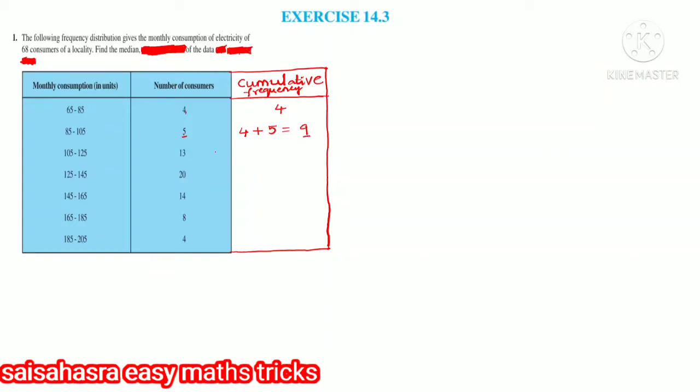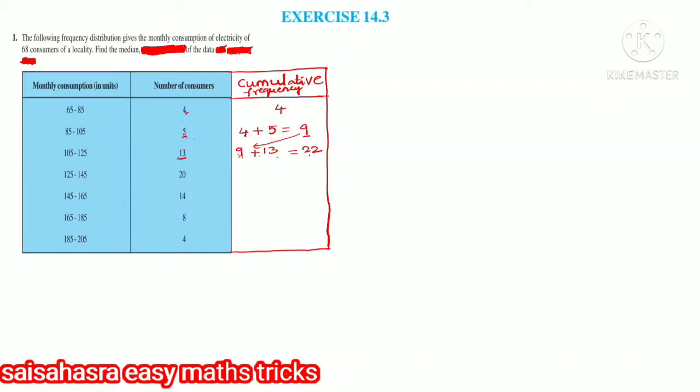Next, when you go to the third line, 4 plus 5 plus 13, already 4 plus 5 we have here as 9, the same 9 you copy here, plus in this line the frequency is 13, 9 plus 13 is 22. Instead of writing three numbers, I am writing only 9, the previous sum, plus that line frequency, 9 plus 13 is 22.